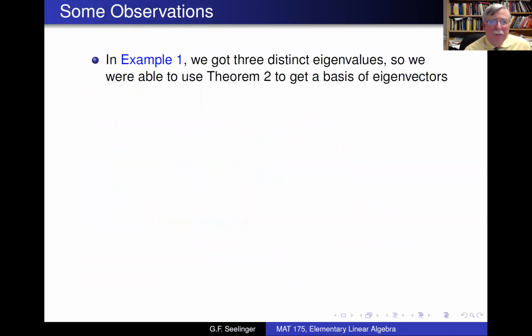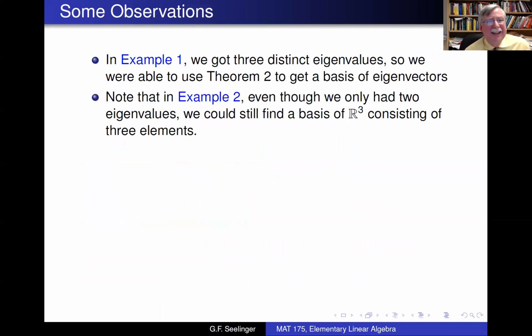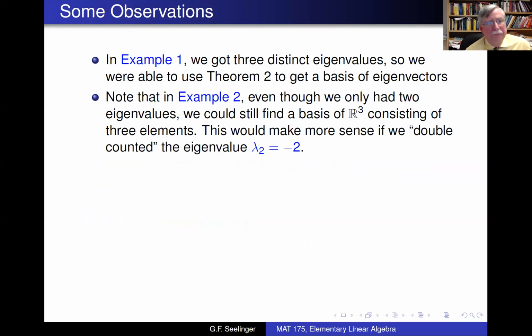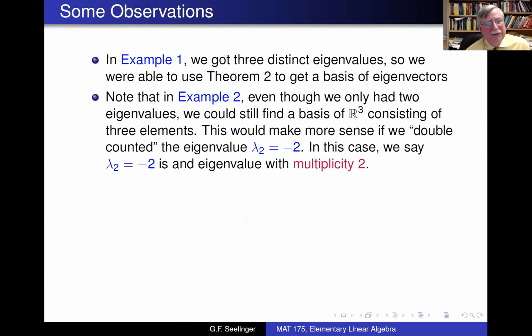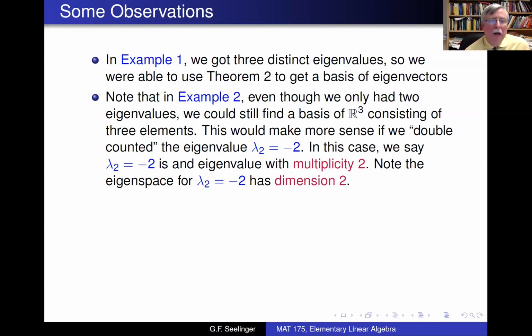To summarize, in example 1, we got 3 distinct eigenvalues, so we're able to use theorem 2 to get a basis of eigenvectors. In example 2, even though we had only 2 eigenvalues, so we can't use theorem 2, we can still find a basis of R3 consisting of 3 elements. In this sense, we double counted the eigenvalue lambda 2 equals -2, and we talk about that eigenvalue having multiplicity 2, to say that the t plus 2 factor happens twice, and the corresponding eigenspace has dimension 2.